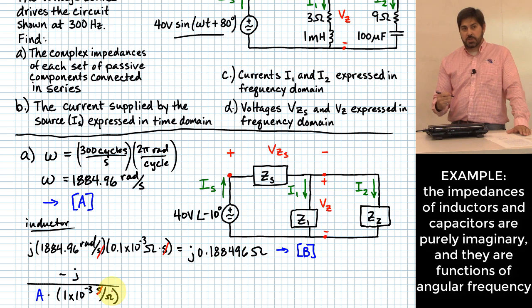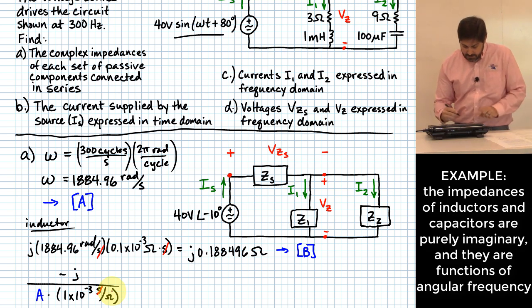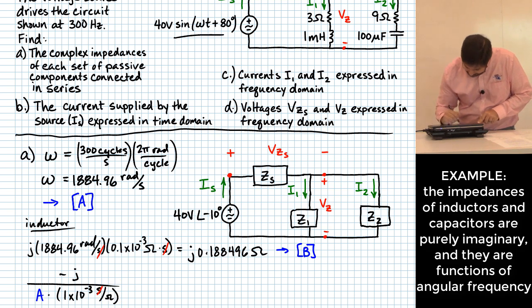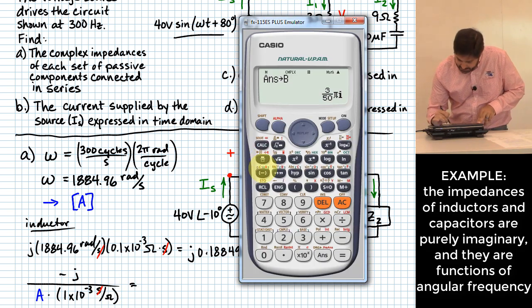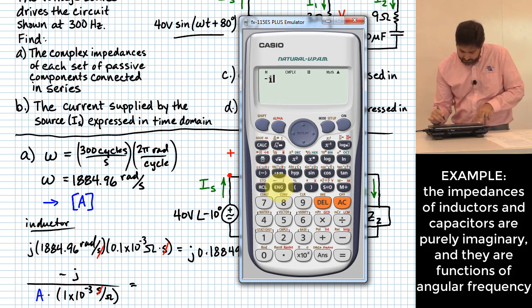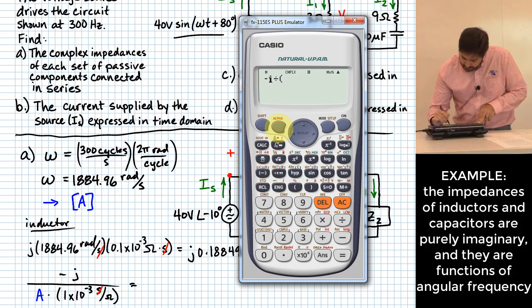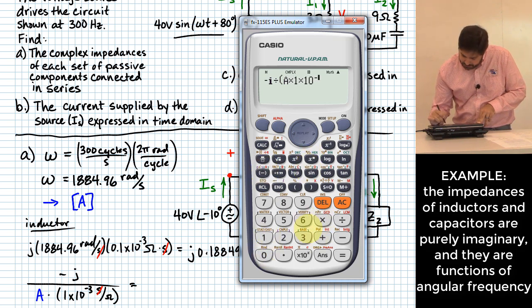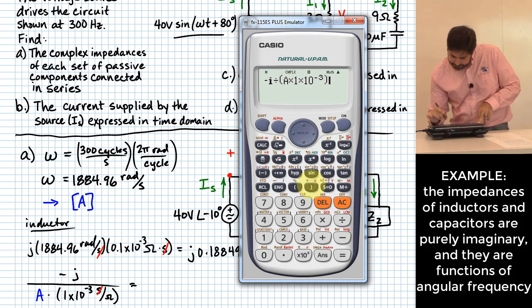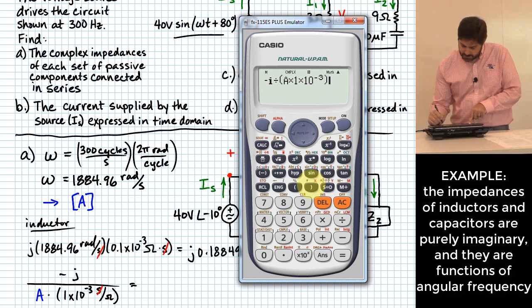So that gives you just ohms in terms of the units that come out of an expression like this. So what this ends up giving us, let me punch it in: negative J over, and down here I'm going to put in A times 1 times 10 to the minus 3. All right, and I'll hit equals.